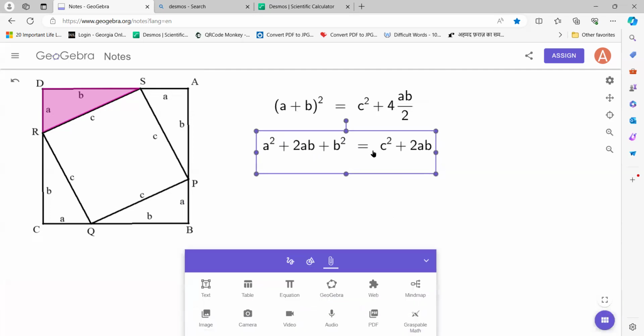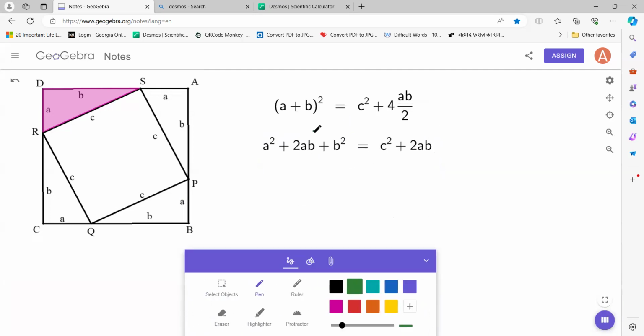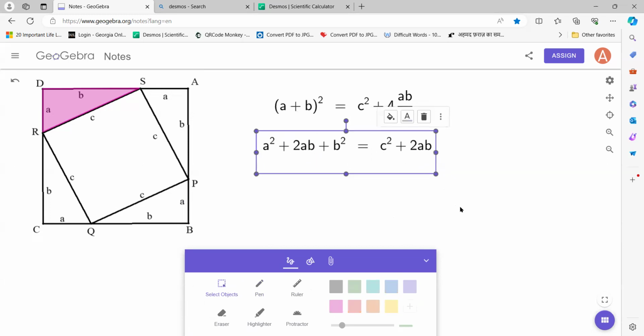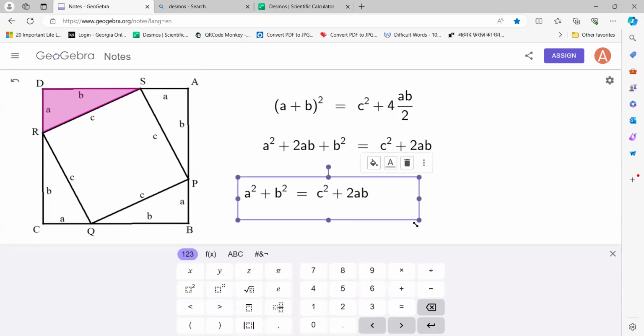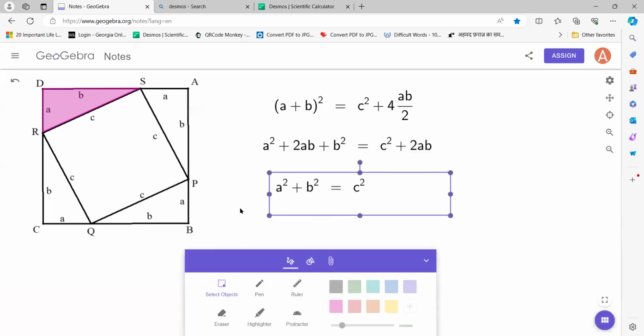Now, things are looking pretty good because I can cancel 2AB and 2AB and arrive at our desired conclusion. Done. I just proved using this picture that A squared plus B squared is equal to C squared.